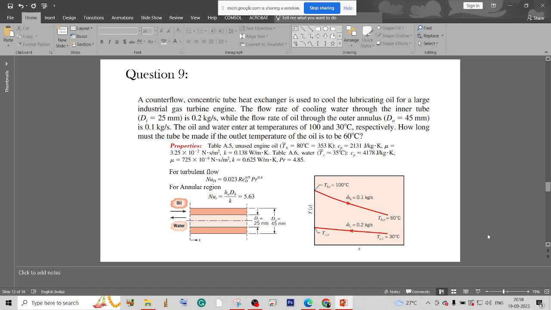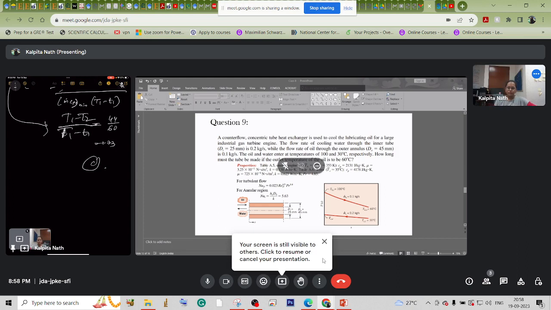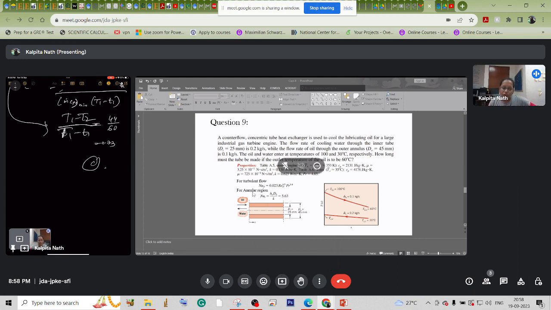The Nusselt number for the turbulent flow is given here, and for the annular region also we'll take this Nusselt number. So you can proceed on solving this. I'll give you 5 minutes for this.